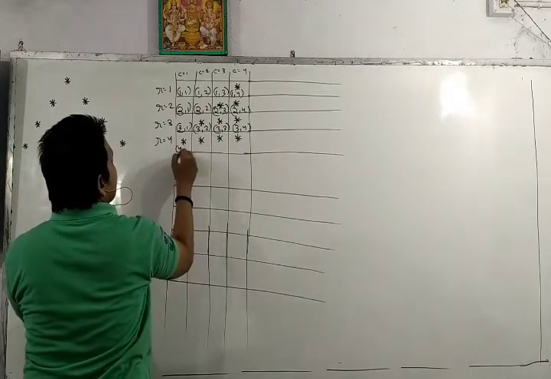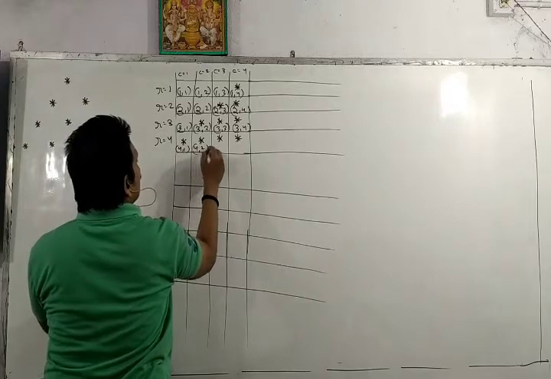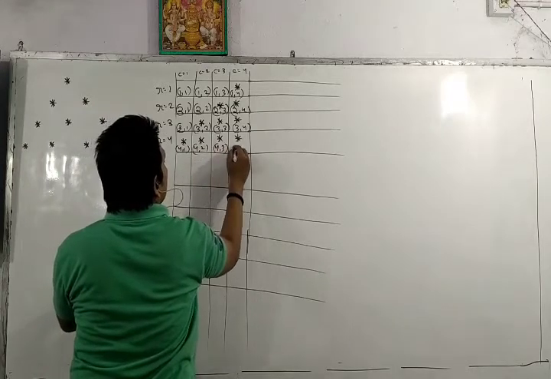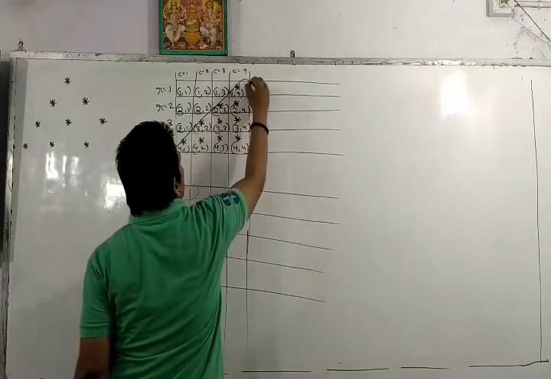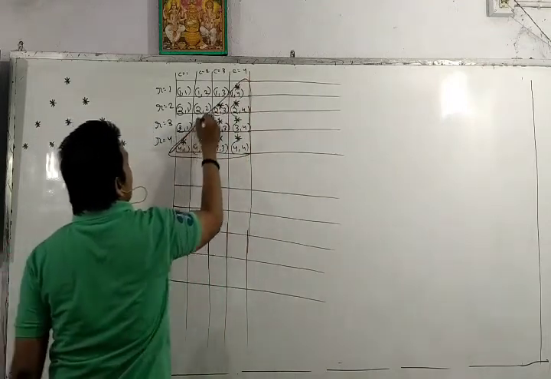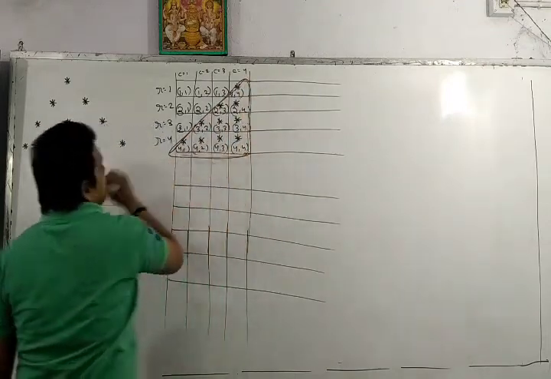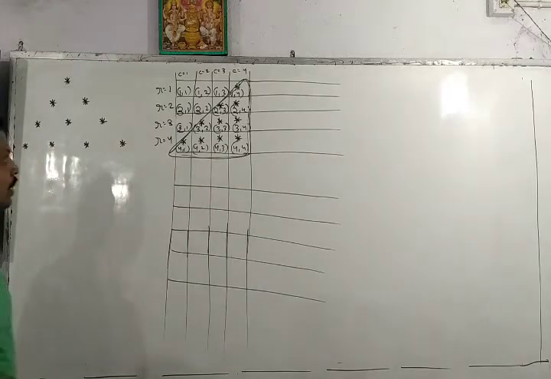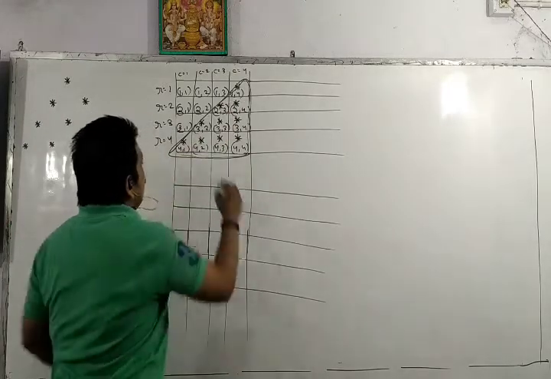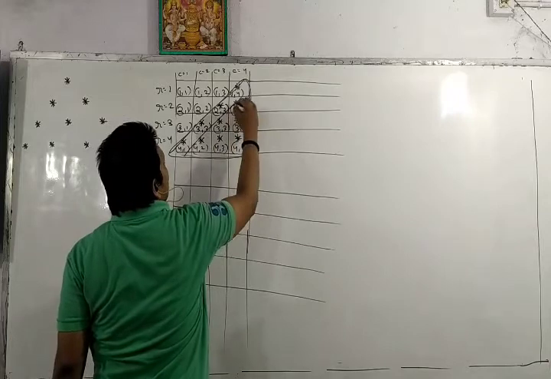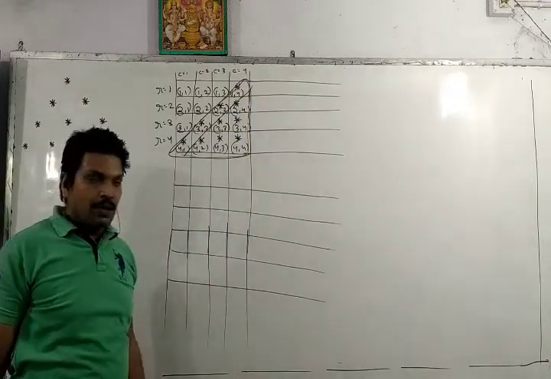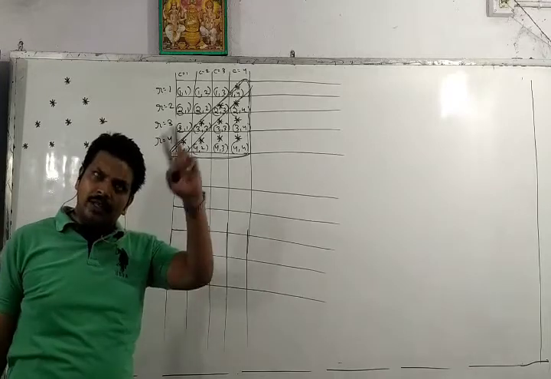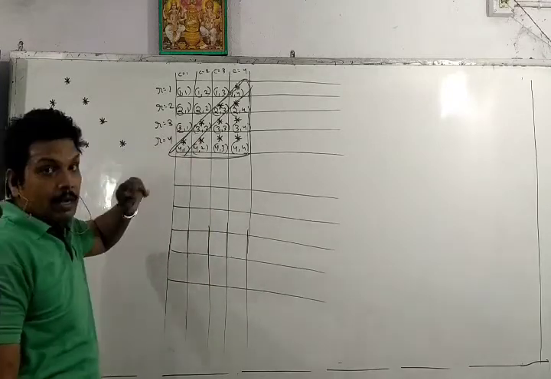And here 4 1, 4 2, 4 3, 4 4. So these are the locations where the stars are getting printed. Clear? See the boundary line. We have already covered this part. This pattern we have already covered in the first few videos of pattern.